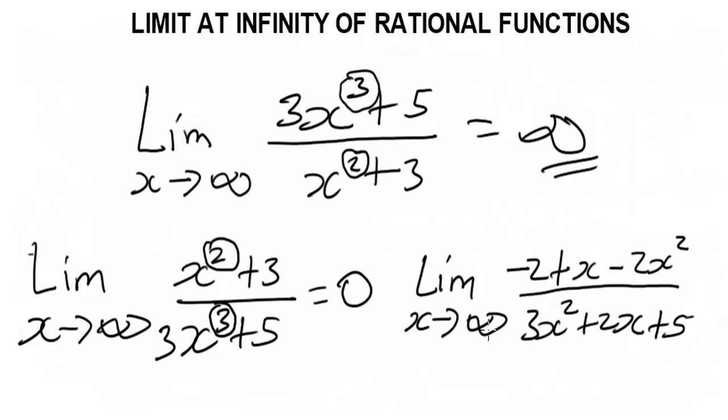The limit of that function will be the ratio of the coefficients. If you check this question, the highest power of the numerator is 2, which is this 2. The highest power of the denominator is also 2, this 2 here. In this situation, you take the coefficients of the respective terms. So, the coefficient of minus 2x squared is what? Minus 2. Over the coefficient of this term, 3x squared, is what? 3, and this will be the answer. Just take the coefficients and you'll be good to go.